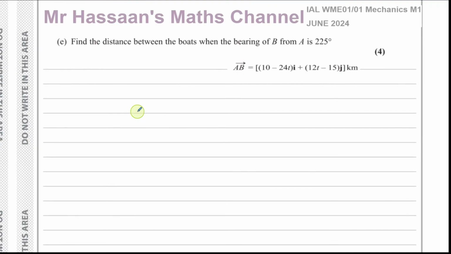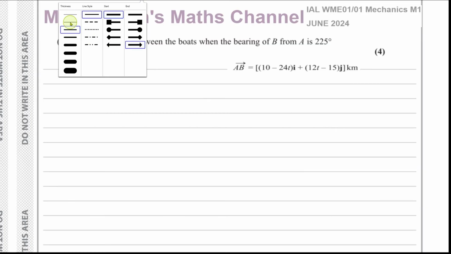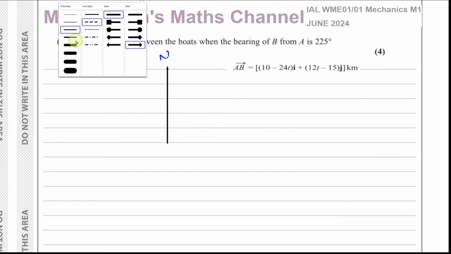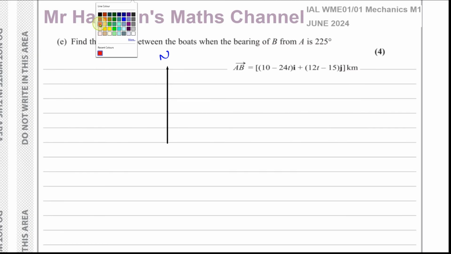B from A is 225 degrees. So again, we have to understand our bearings. Now 225 sounds like something familiar. So this is our north line. Okay, and we have to go clockwise through 225 degrees.